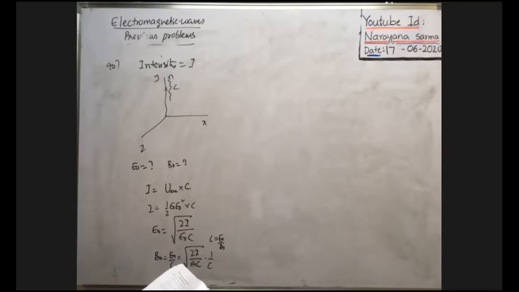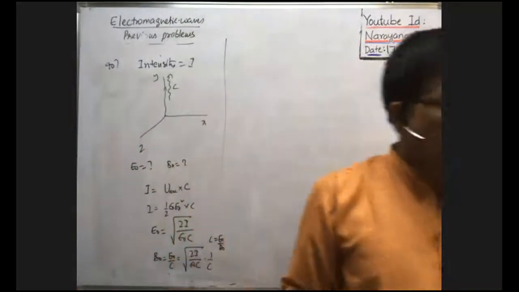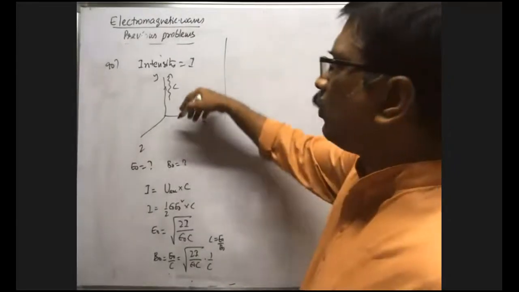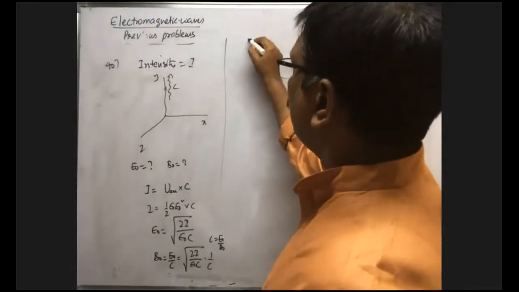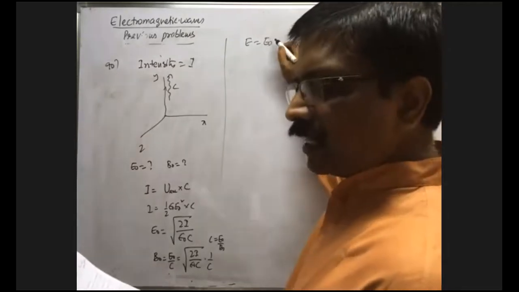Now substitute the data. Of course, this is equal to E naught by c. Now we check the options. As the wave travels along the positive y-axis, the electric wave can be written as E naught into cosine, since all functions are given in terms of cosine.